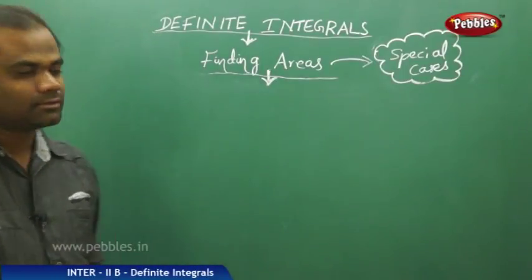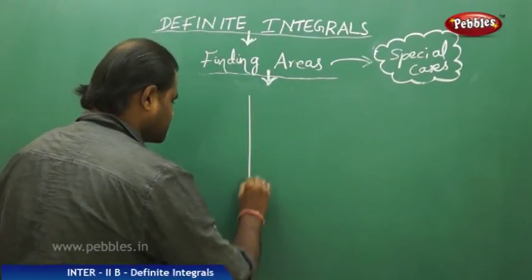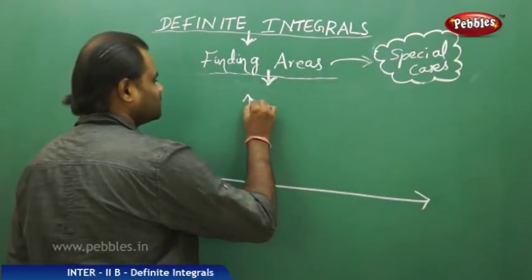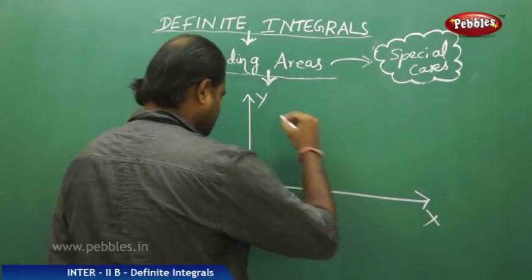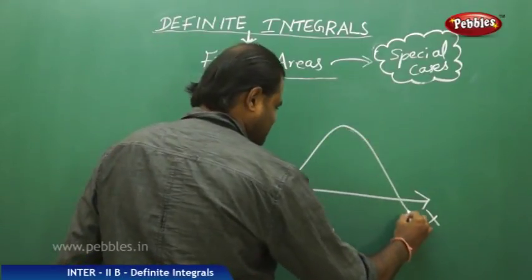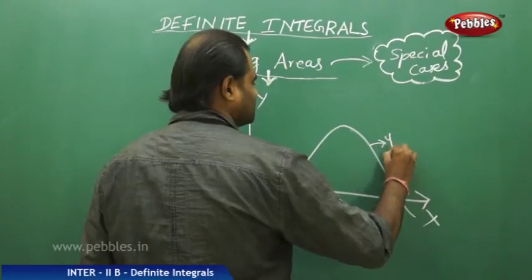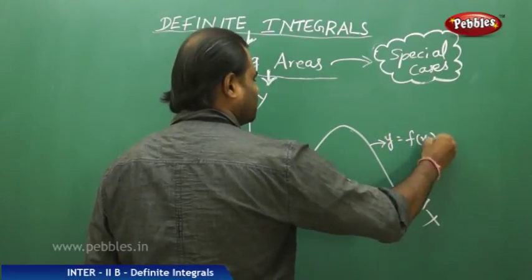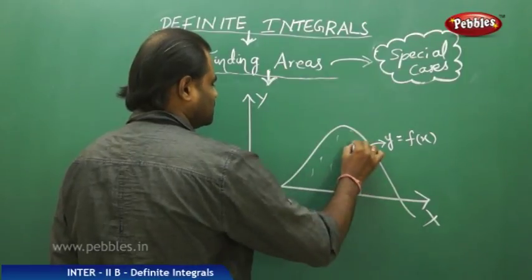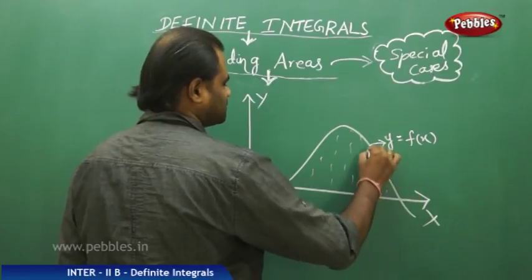Now next, let's see the next case of finding the area. That is, if I have the x-axis and the y-axis and I have the curve y equals f of x, and I have to find the area of this shaded region.